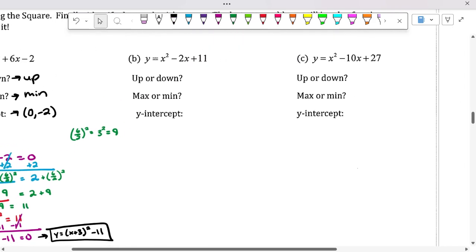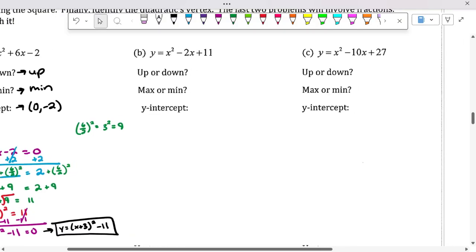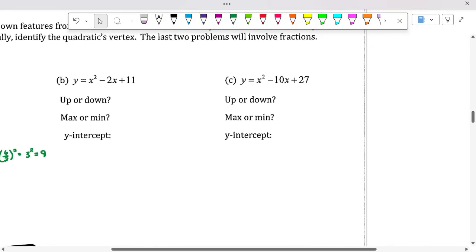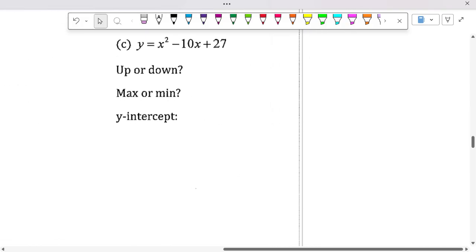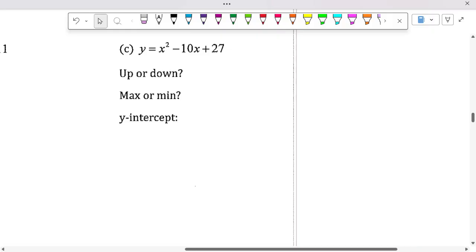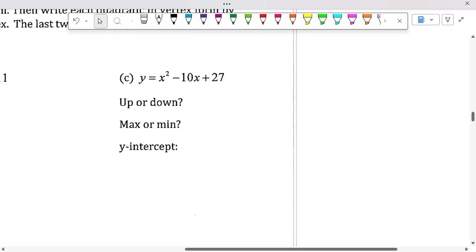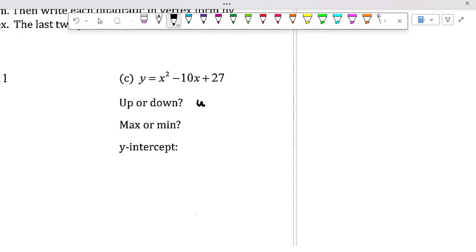So what I want you guys to do next, I want you to try letter C. So first off, before you start letter C, does it open up or down? It opens up. Is that going to be a max or a min? Min.